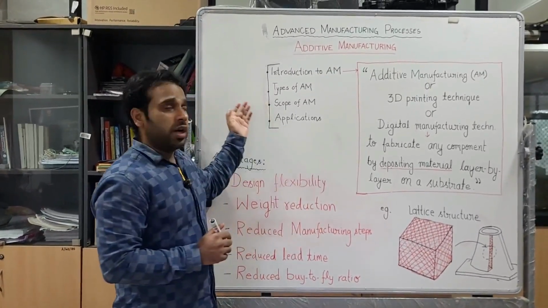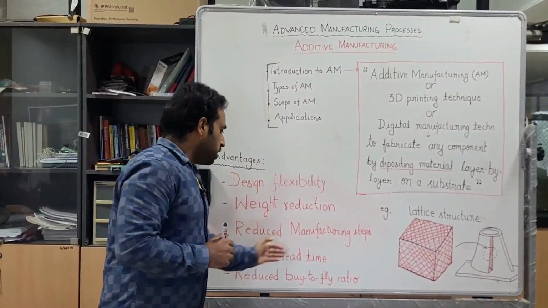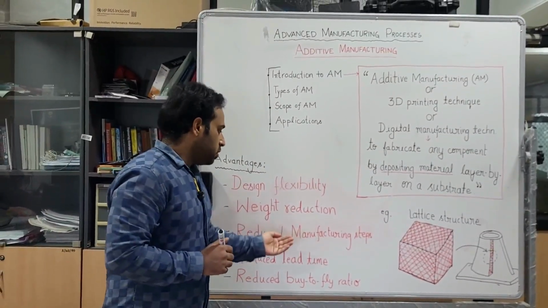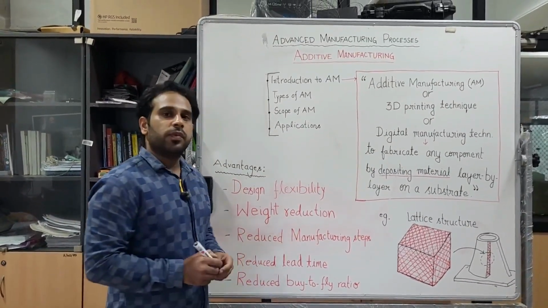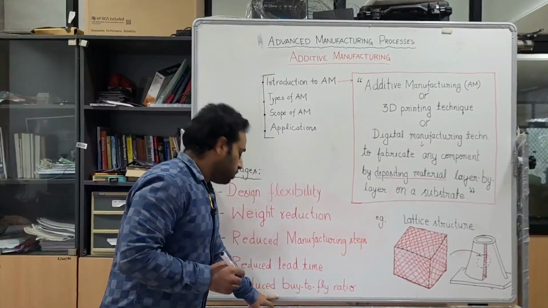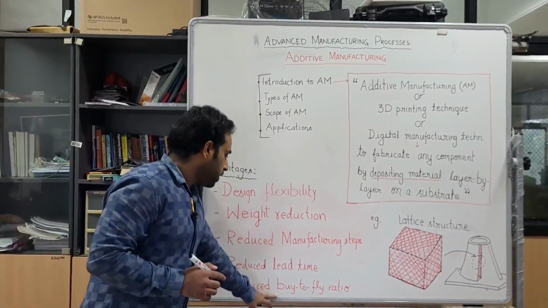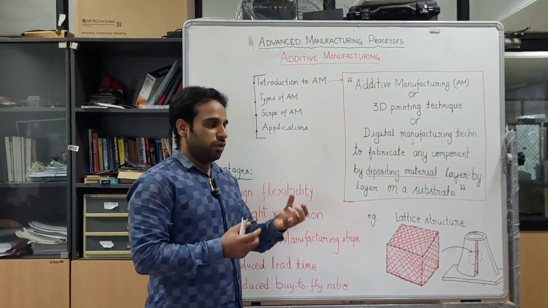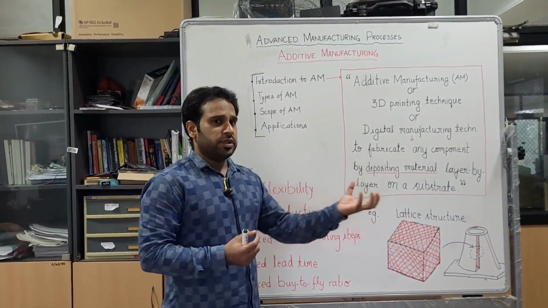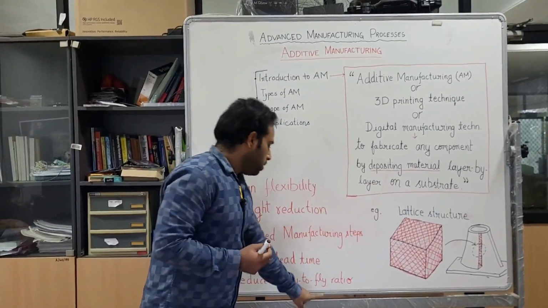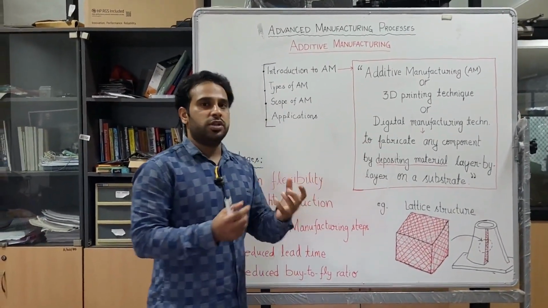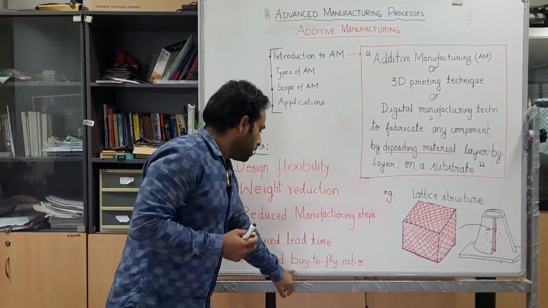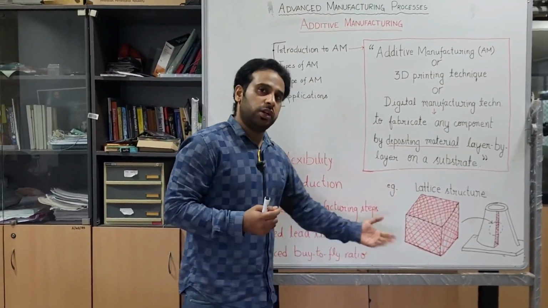Once we produce it using additive manufacturing, its lead time is reduced, manufacturing steps are reduced, so we increase the production speed. Due to that, buy-to-fly ratio means we purchase the material in a raw form, and up to the final step the component is ready for flight. So in that way, the buy-to-fly ratio is finally reduced.